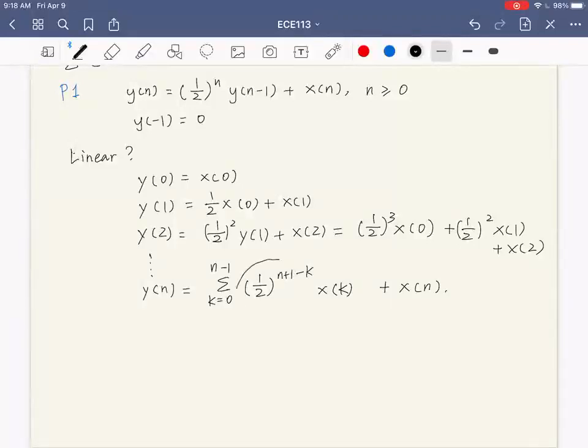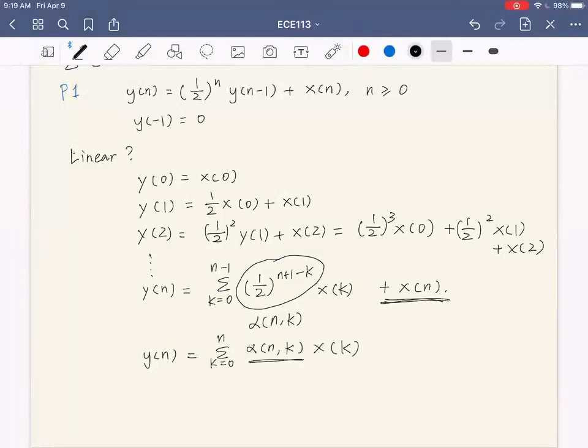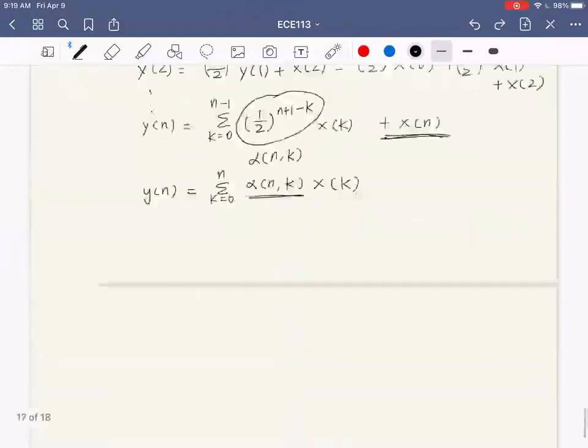So the coefficients here can be seen as a whole. Let's say it is r of n and k, and we can rewrite the equation to be y of n equals the sum from 0 to n this time, because we want to integrate the x of n into the summation as well. And the r for the x of n term should be 1, as long as we define it carefully.